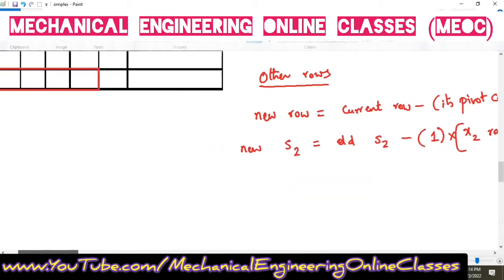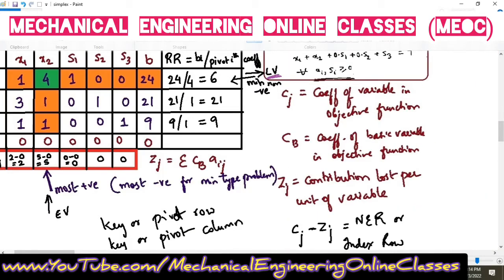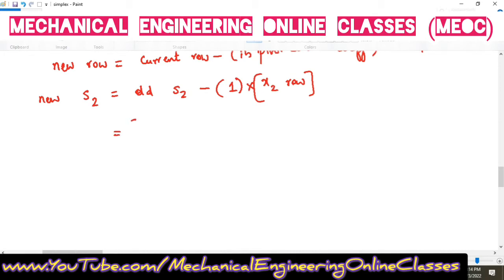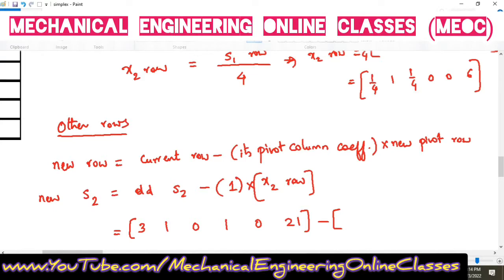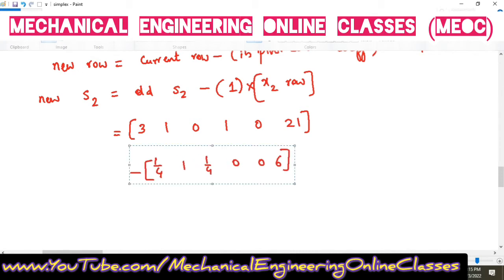So let us find what the new S2 is. Old S2 is 3, 1, 0, 1, 0, 21, minus 1 into the x2 row, which is 1 by 4, 1, 1 by 4, 0, 0, 6. We simply subtract from the corresponding elements.